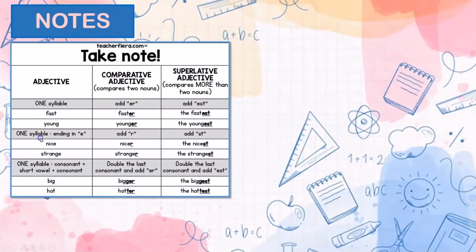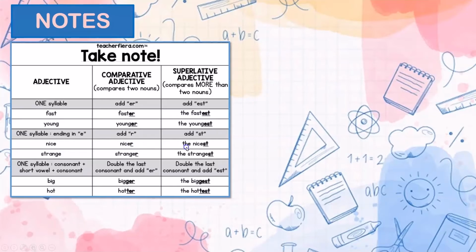For one syllable adjective ending in E, we just add R for comparative adjective and we add ST for the superlative adjective. For example, the word nice, which ends with E here, so we just add R. It will be nicer for comparative adjective.